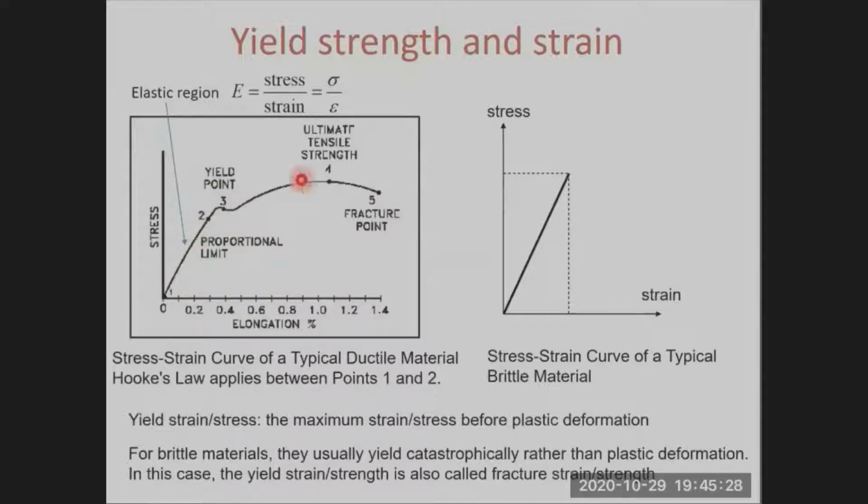So actually, Young's modulus is defined in this elastic region, where this slope is almost constant. And point 2 is called the proportional limit or elastic limit. And point 3 is called the yield point.